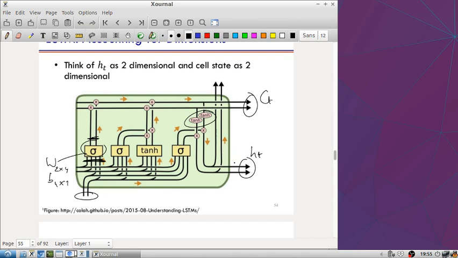It's basically saying element-wise what information you actually want to show as the output, if ht is considered output. That modulation is happening by this output gate. So there's an input gate, a forget gate, a new information gate, and an output gate. 3 gates. And the original tanh is the non-linearity layer already present as in the vanilla RNN.